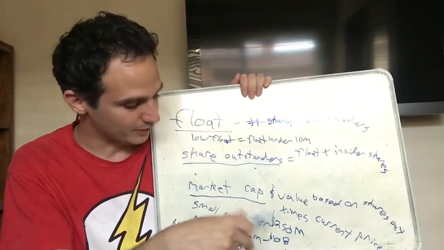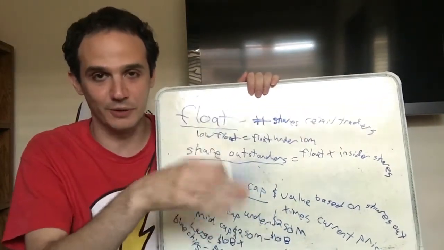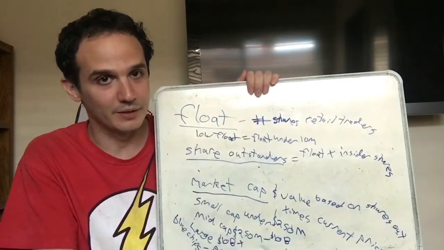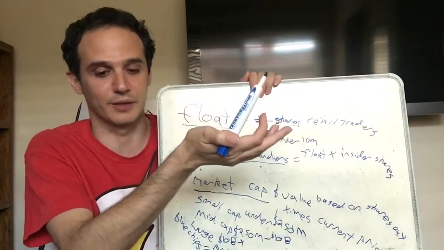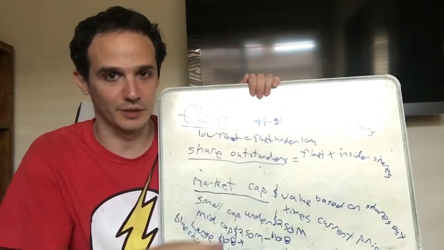But if the volume is there and it rotates through its market cap or float a lot of the time, a lot of times it can do a big short squeeze like that, or go up 50 to 100% or more.